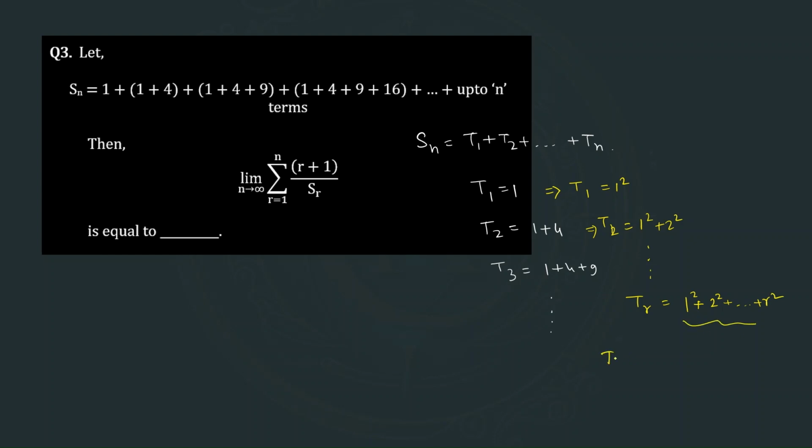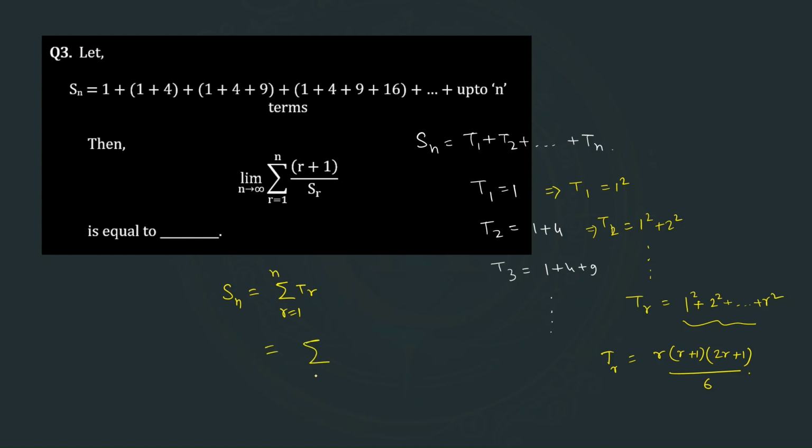We know the direct formula, which is R into R plus 1 into 2R plus 1 divided by 6. So TR will be R into R plus 1 times 2R plus 1 divided by 6. Now Sn will be the summation of TR from R equal to 1 to n.